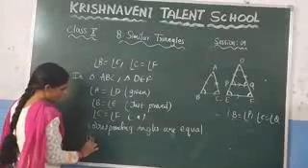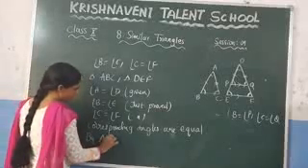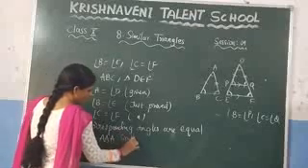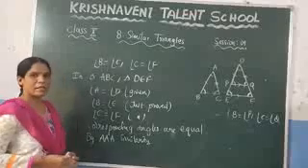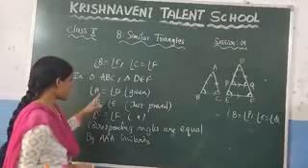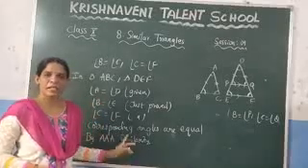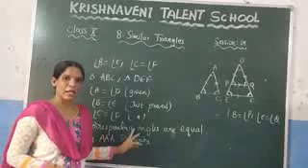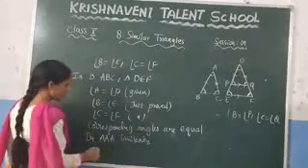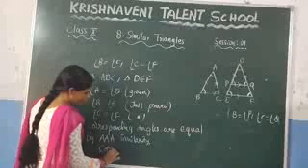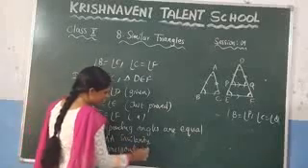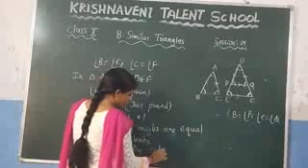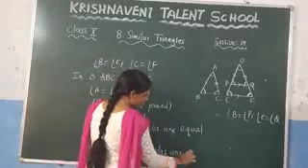So by angle similarity, we can say that if the corresponding angles are equal, then the corresponding sides are proportional. So here you can write, by angle similarity, the corresponding sides are proportional.